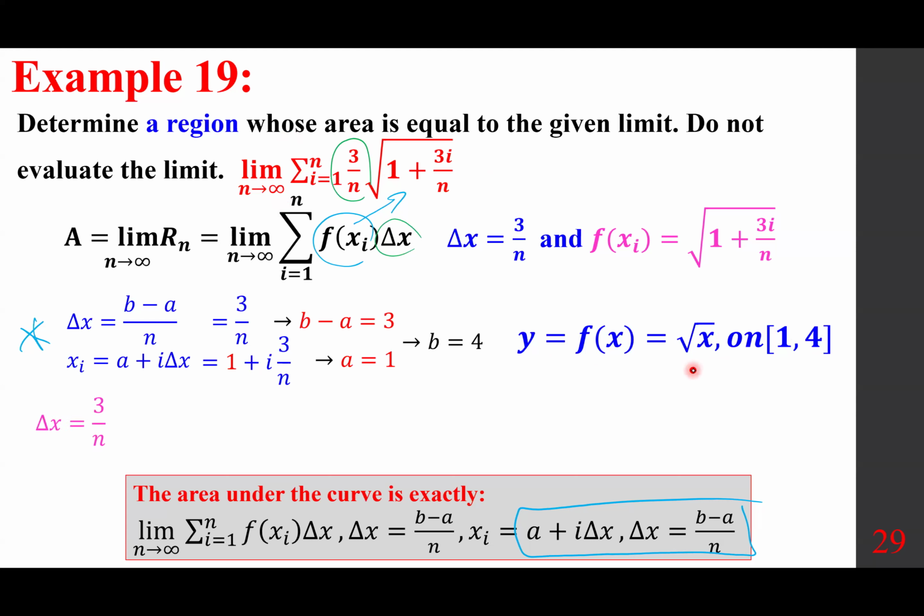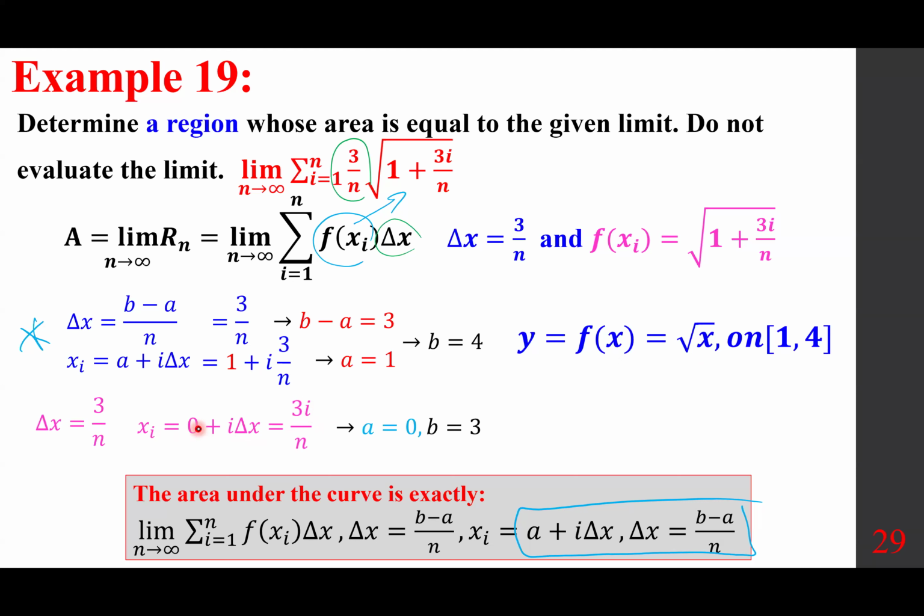For example, we know delta x is 3 over n. So what if we said a is 0? What if in case we do that? If we say 0 plus I delta x, which makes it 3i over n. So a becomes 0. If a is 0, b must be 3.